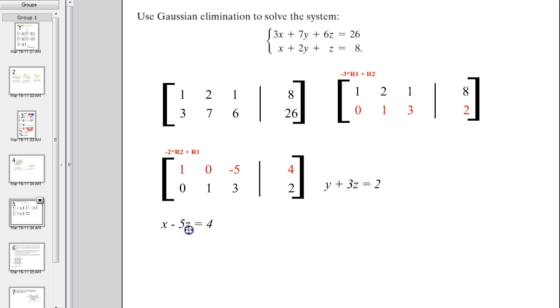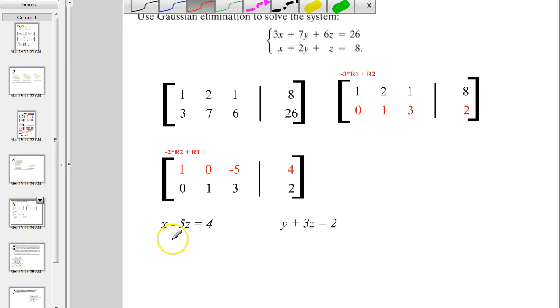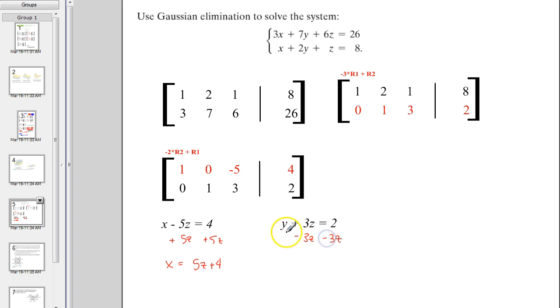Now I'm going to move these down over here, and then I'm going to solve both of these for the respective variables x and y. It's easy to do. We just add, in this case, 5z over, and we get x is equal to 5z plus 4. Then this one I subtract 3z, and I get y is equal to 2 minus 3z, or -3z plus 2.